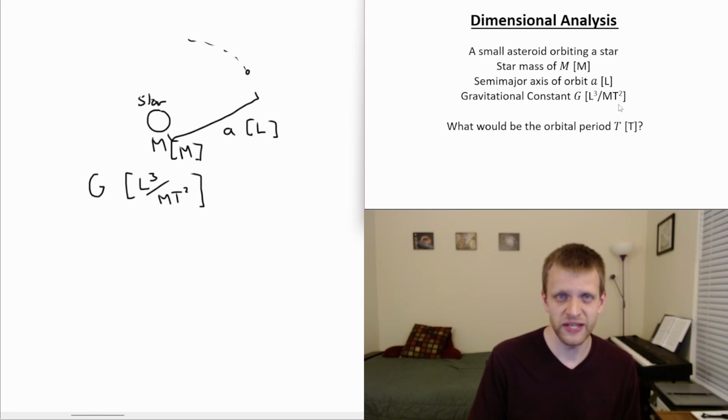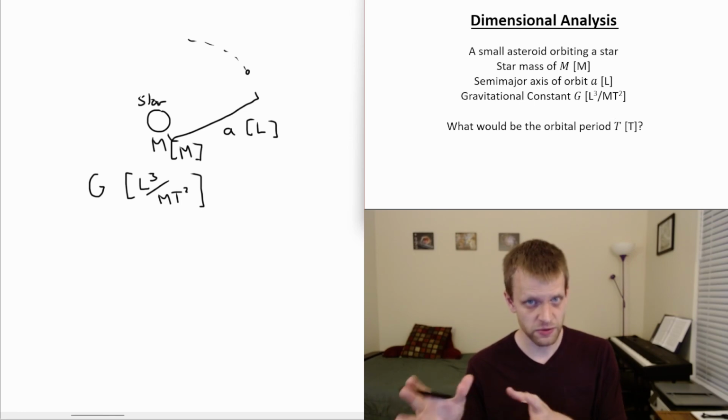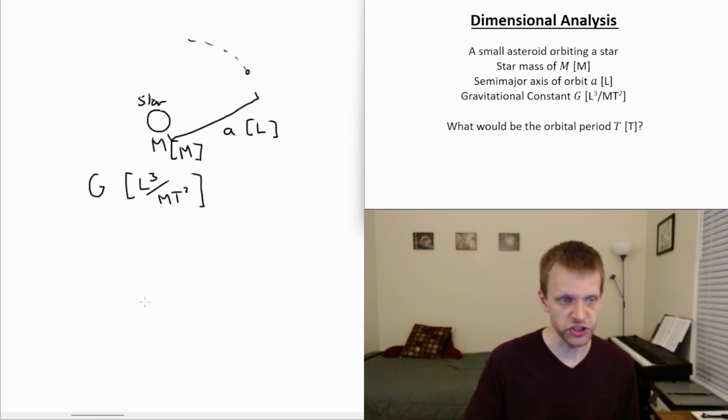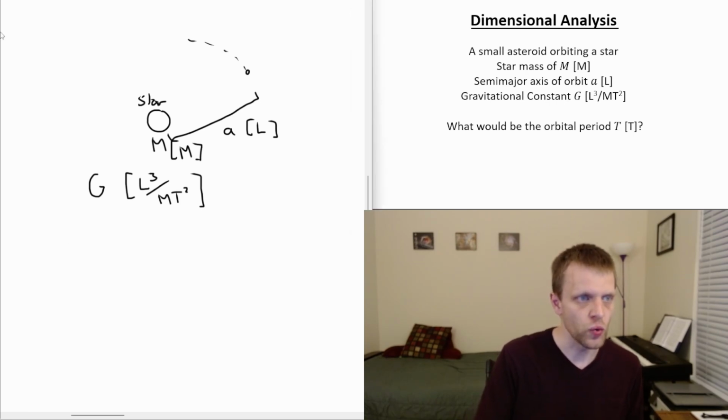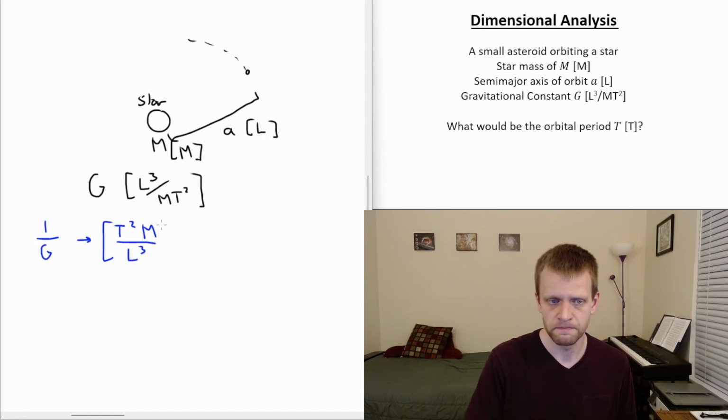But for that gravitational constant, time is in the denominator of that set of units. So instead of looking at G, let's look at 1 over G. So 1 over G has dimensions of time squared times mass divided by length cubed. Okay.